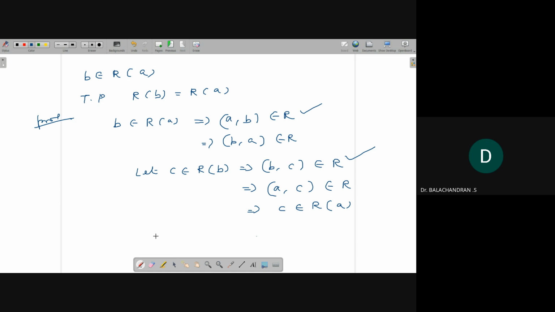This implies R of B is a subset of R of A, because I take an element C from R of B, and the same element is in R of A.